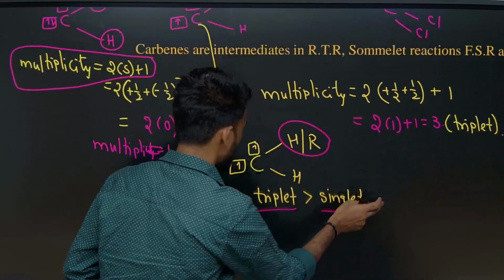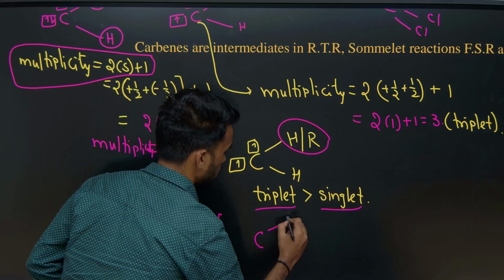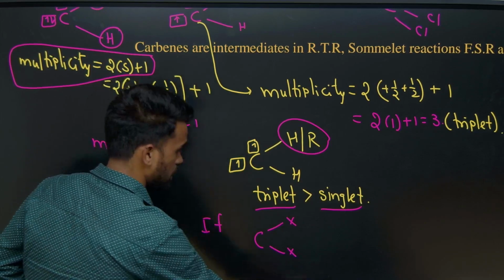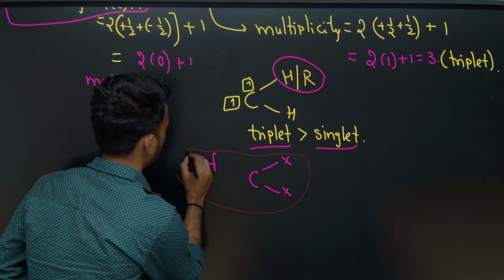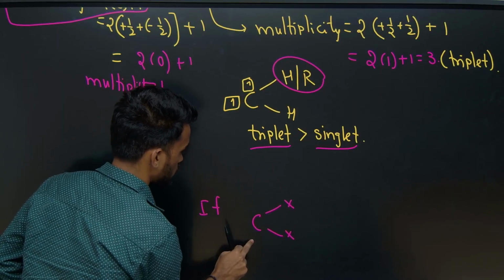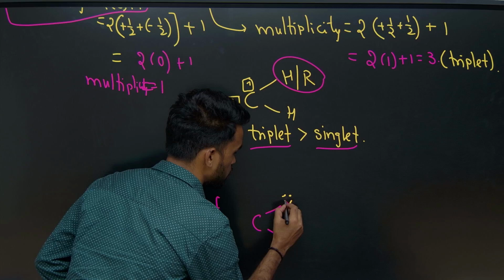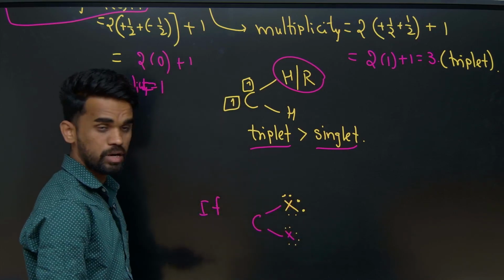Okay, now if some X group is attached, and these X groups are halogens or something having lone pair electrons, non-bonding electrons on it.